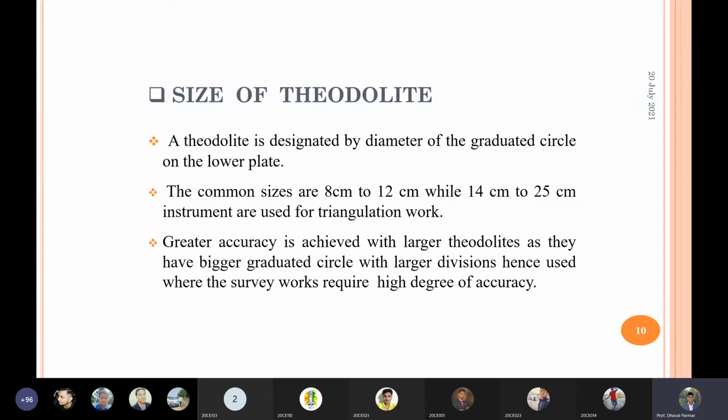Greater accuracy is achieved with larger theodolites as they have a bigger graduated circle with larger divisions, hence used where the survey work requires a high degree of accuracy. What does it mean?